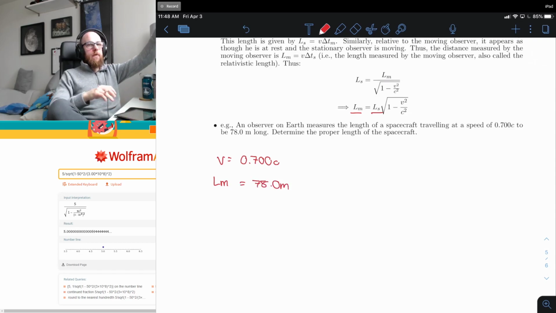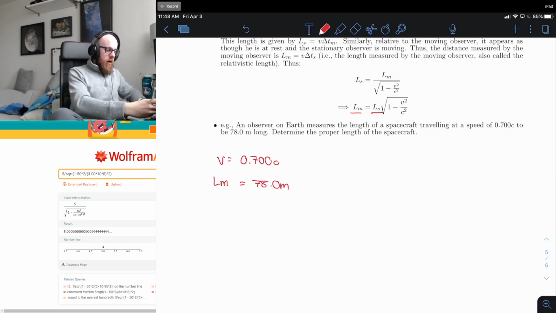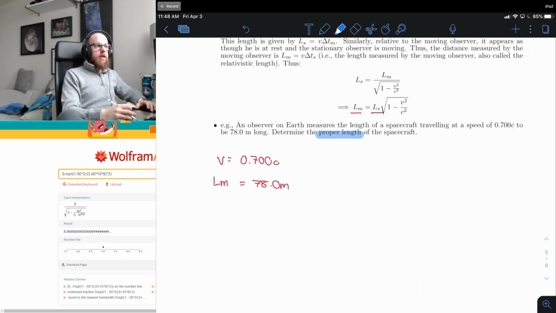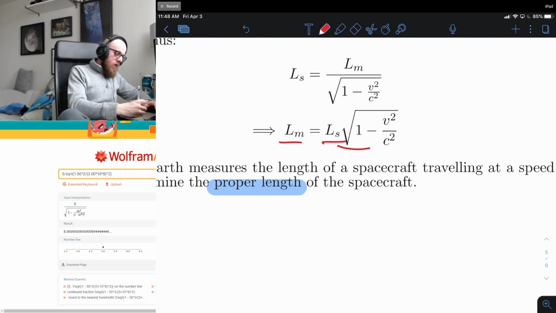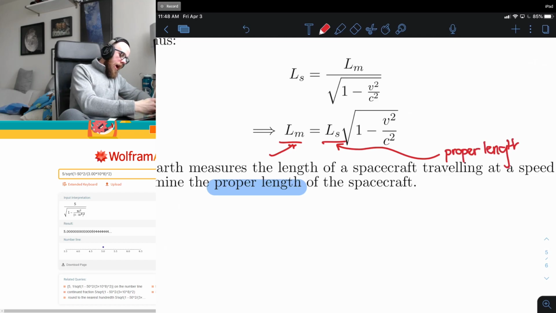Now, what we want to figure out is, I use a term here that I haven't defined yet, the proper length of the spacecraft, okay? What I mean by proper length: the LS and the LM in this formula here, LS is called the proper length, and LM is called the relativistic length.